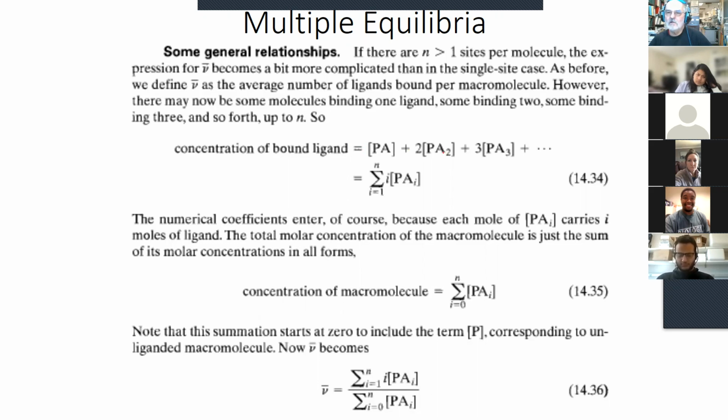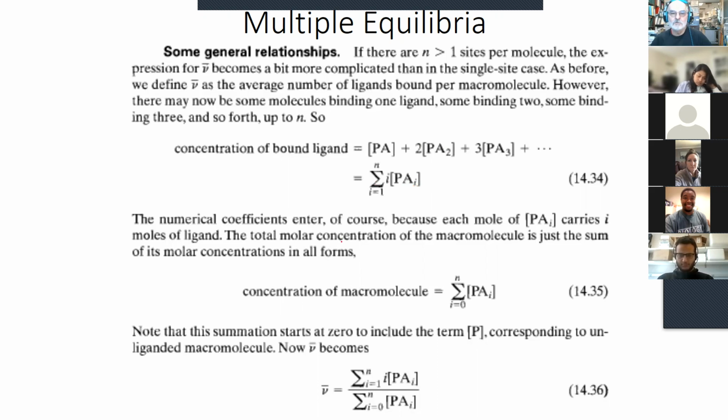But when you have 2 ligands bound, you have to multiply the concentration of this by 2. 3 ligands bound, the concentration by 3. And so the summation is i equals 1 to n, where it's i times the concentration of PA sub i. How much singly, doubly, triply ligated material do you have? This will give you the total concentration of ligand bound, okay?